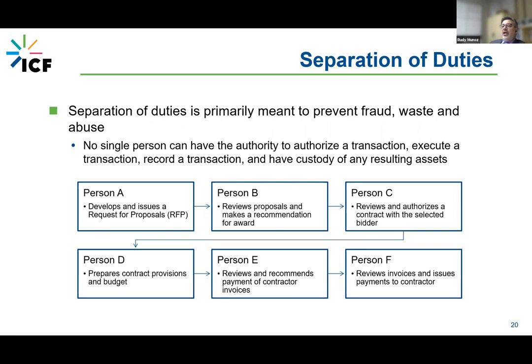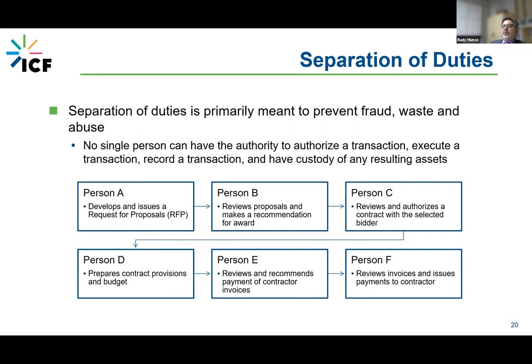So on this slide, we've provided you with an example of clear separation of duties over a specific transaction. In this example, we're using procurement. We start with person A, who develops and issues a request for proposal. Then it moves on to person B, who reviews the proposal or the RFP and makes a recommendation for the award.